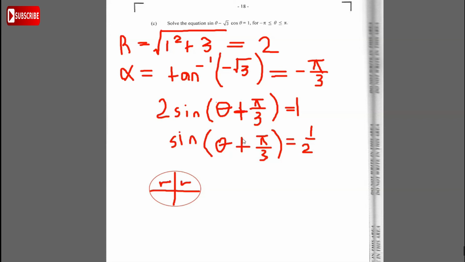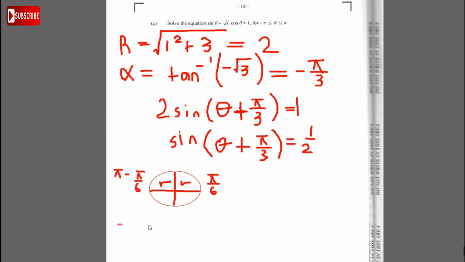Sine inverse of a half will give you the angle in the first quadrant, your principal acute angle, and that is pi by 6. So the angle in the second quadrant is going to be pi minus pi by 6. And that is what's going to give you your possible solutions for this.